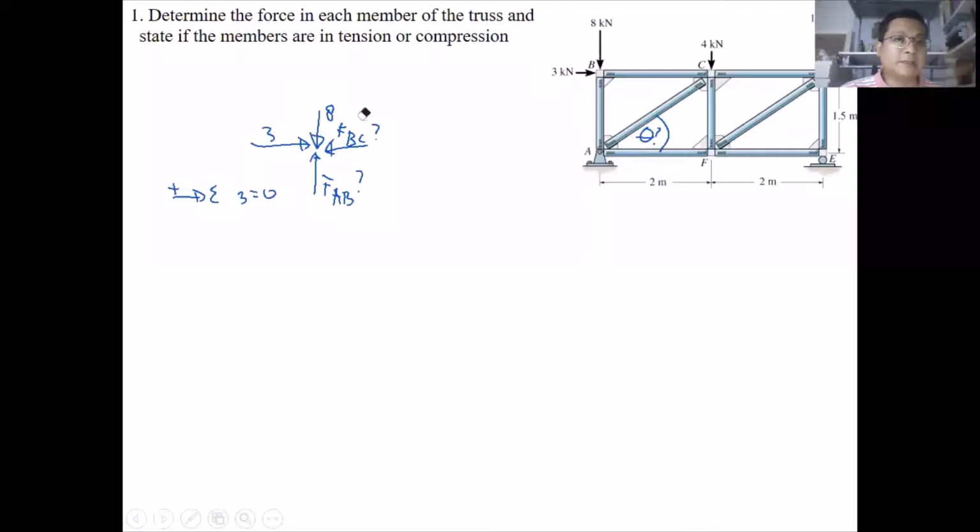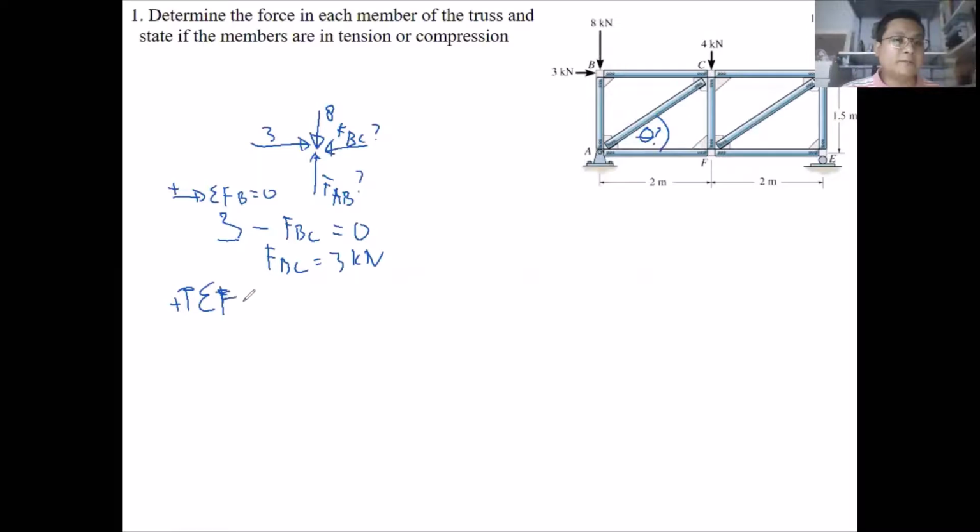This one is the force in the direction at the point B. So from the X direction, we have 3 kilonewton, and then negative FBC. Nothing else. So FBC is 3 kilonewton.